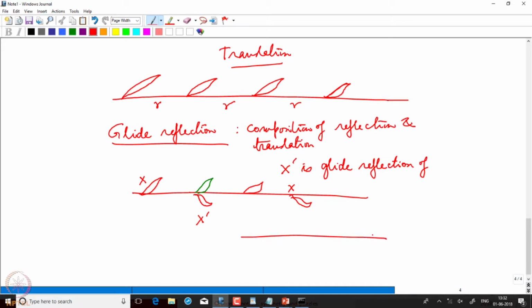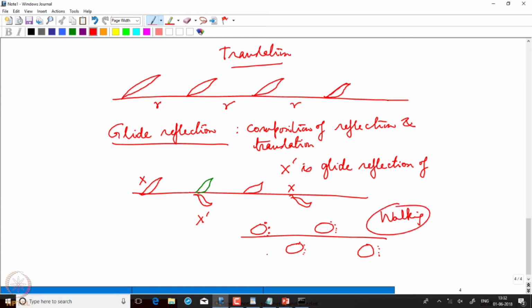So, left leg and right leg, their imprints, their footprints are actually glide reflections of each other. As you are walking, one leg is here, other leg is here, and then next leg is here, next leg is here, like this. So, very natural.